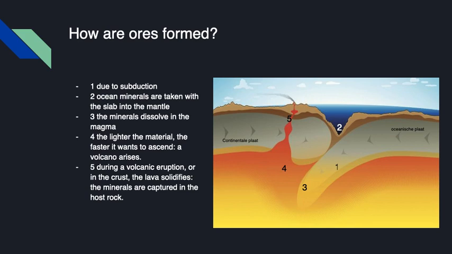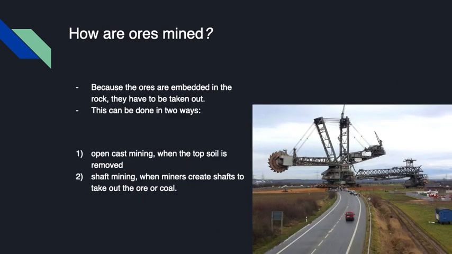Most of the time they're pretty deep inside the crust, but sometimes you can mine them a little bit more easily, and because of course these rocks of these ores, they are embedded in the rock, they have to be taken out. And this can be done in 2 ways. On the picture you see open cast mining, which means that you're taking up the topsoil.